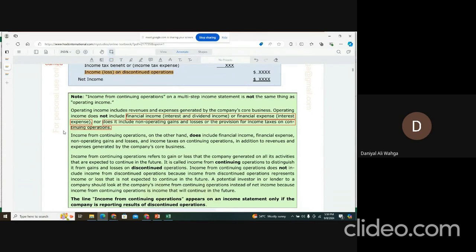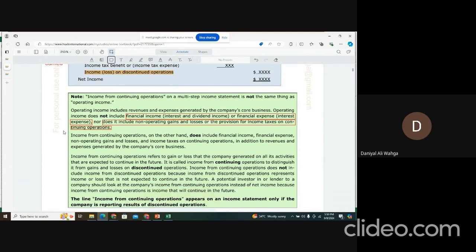It says further, my income from continuing operations, on the other hand, does include financial income, financial expense, non-operating gains and losses, and income taxes on continuing operations in addition to revenues and expenses generated by the company's core activities.